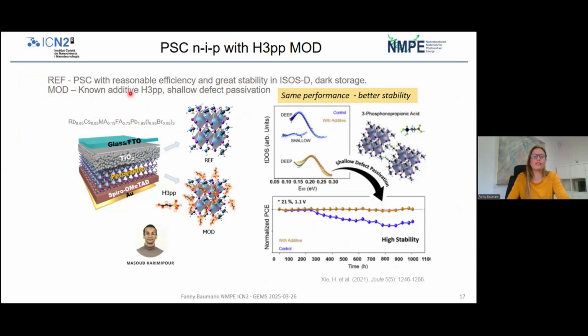And the modification is something that we had done before in the group, and this has shown to increase the stability of the devices. And we knew that this additive, 3-phosphonopropionic acid, has a property to passivate the shallow defects in the device. And the additive is sitting at the grain boundaries inside the perovskite.